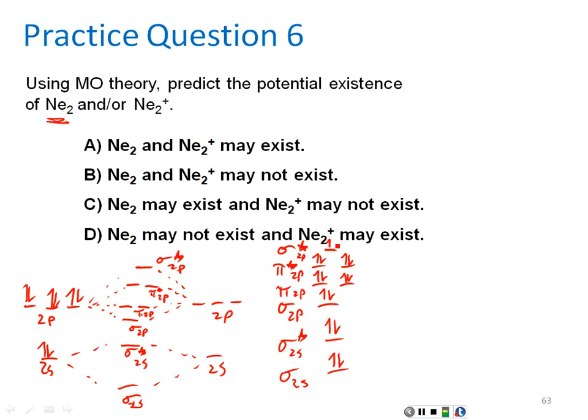So let's look at that bond order. It's going to be 1/2. How many bonding electrons do we have? We have 2 in the sigma 2s, 2 more in the sigma 2p, and 4 in the pi 2p. So that would be a total of 8.